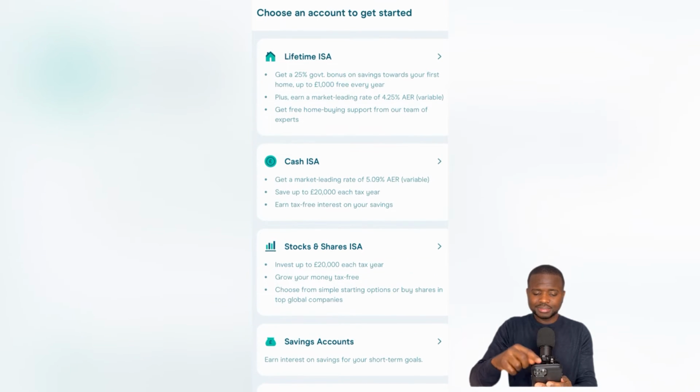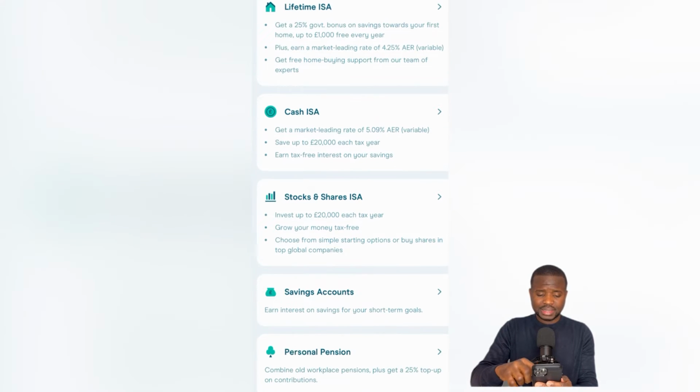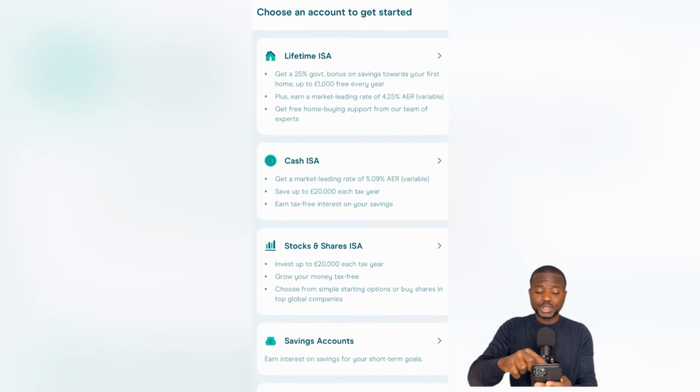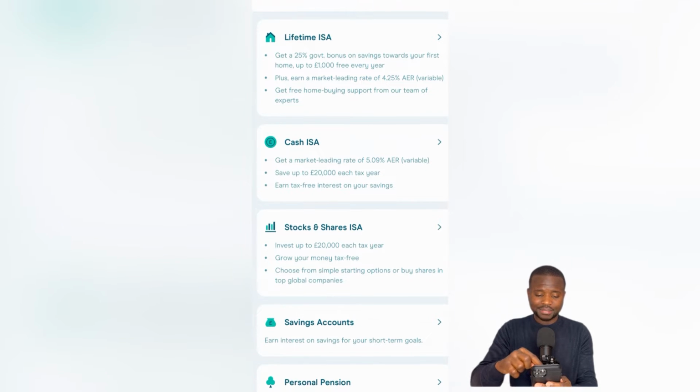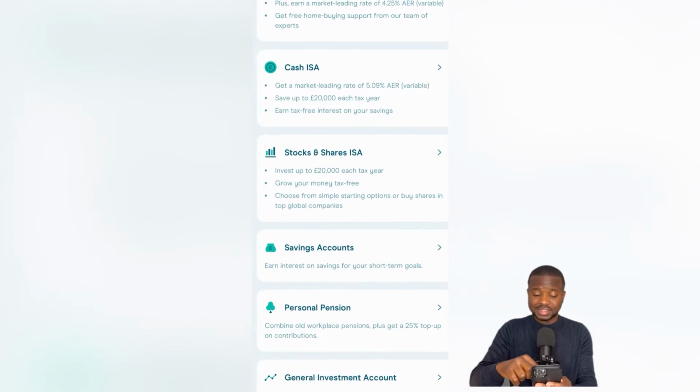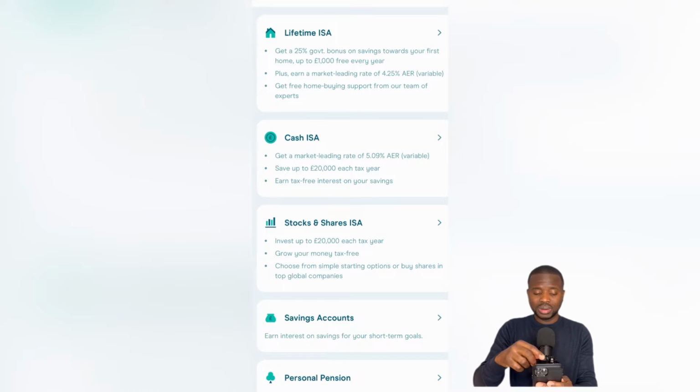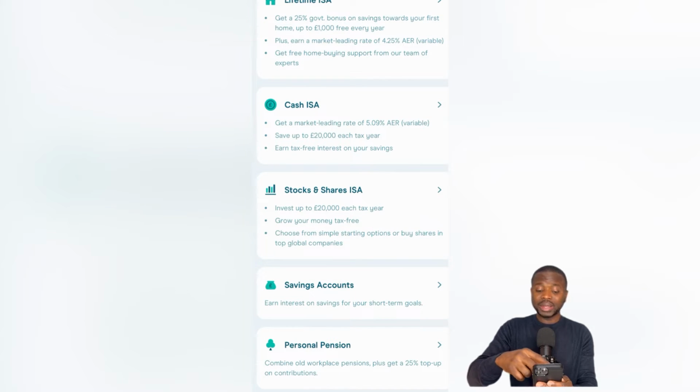So that's it. Before then, remember between these three ISAs, which is the lifetime ISA, cash ISA, and stocks and shares ISA, you're allowed to save or invest a total of 20,000 between these three. So let's assume you exhaust your 4,000 option for the lifetime ISA, then you've got only 16,000 pounds left to split between cash ISA or stocks and shares ISA.